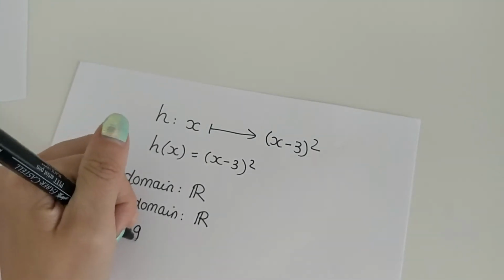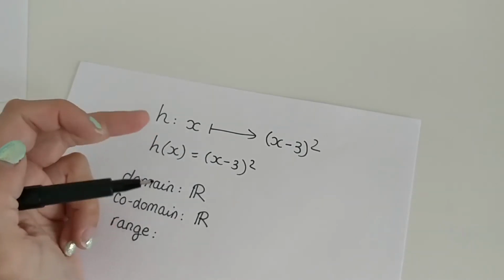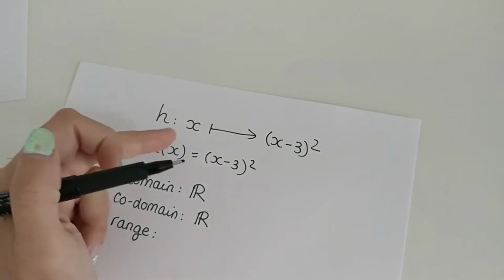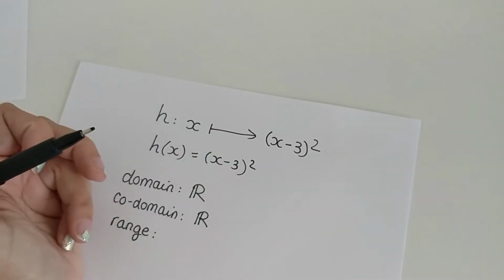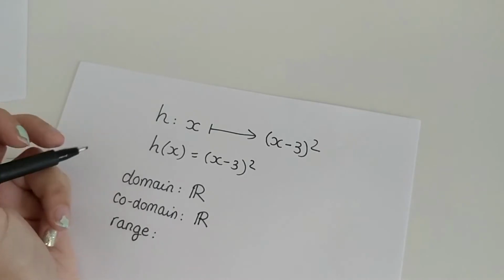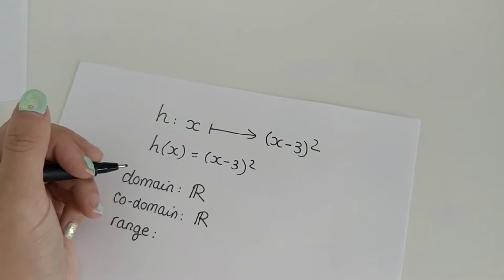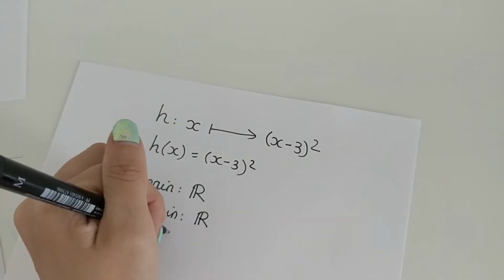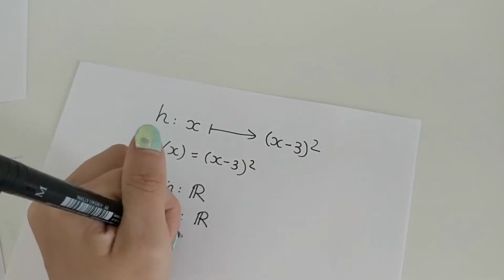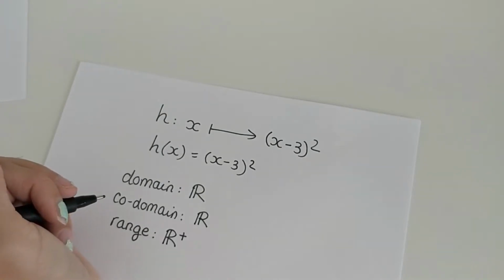And when I think about the range, what values are actually possible? Well, I can only get positive answers, because once you square something, it becomes positive. So actually, the things that are possible are only positive real numbers. The way to write positive real numbers would be to write R plus. That's kind of the fancy way of doing it.